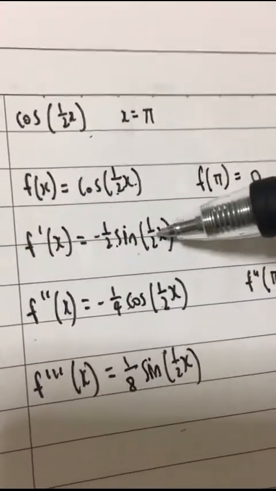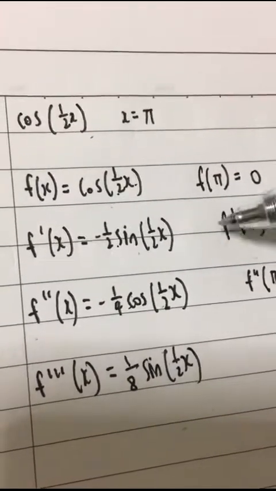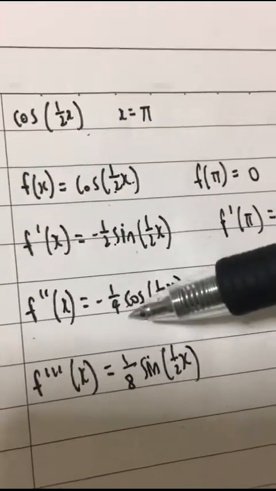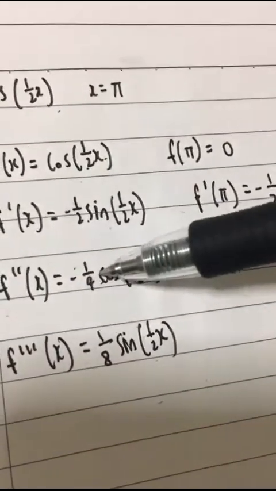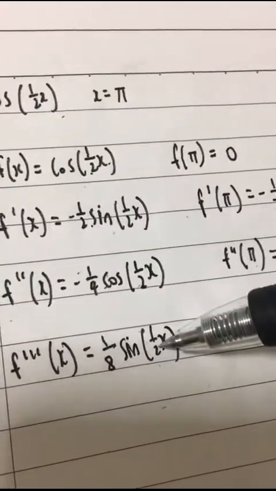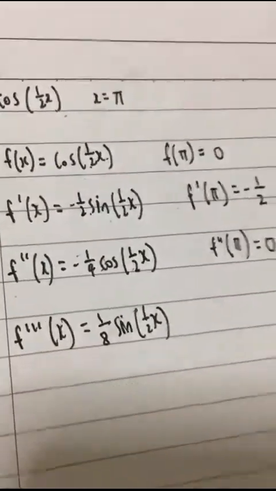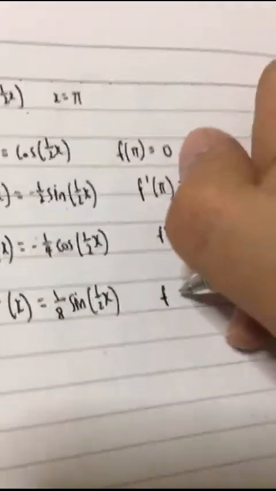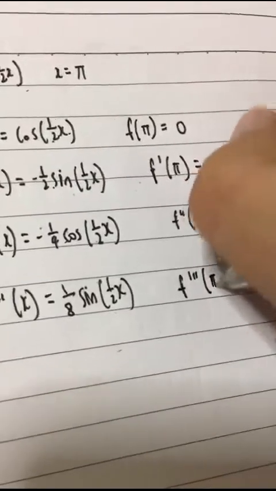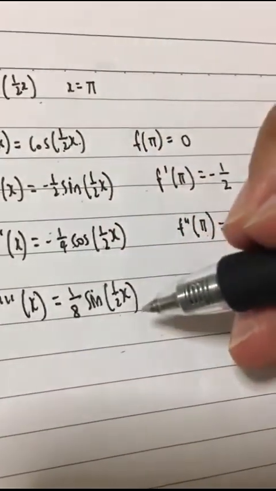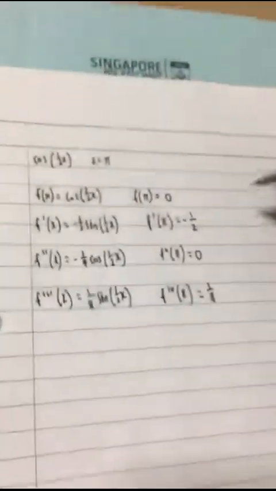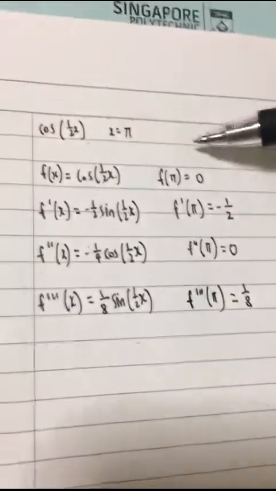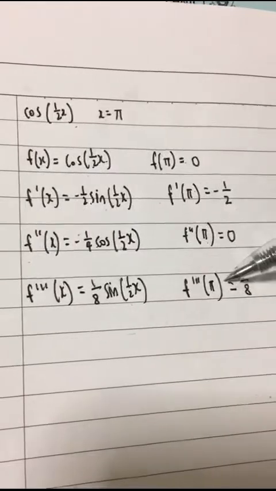Then you times half, you get 1 over 4. For the same here, 1 over 4 times half, you get 1 over 8. Sub in pi into this equation again, you get 1 over 8. So this is how I get the first four terms.